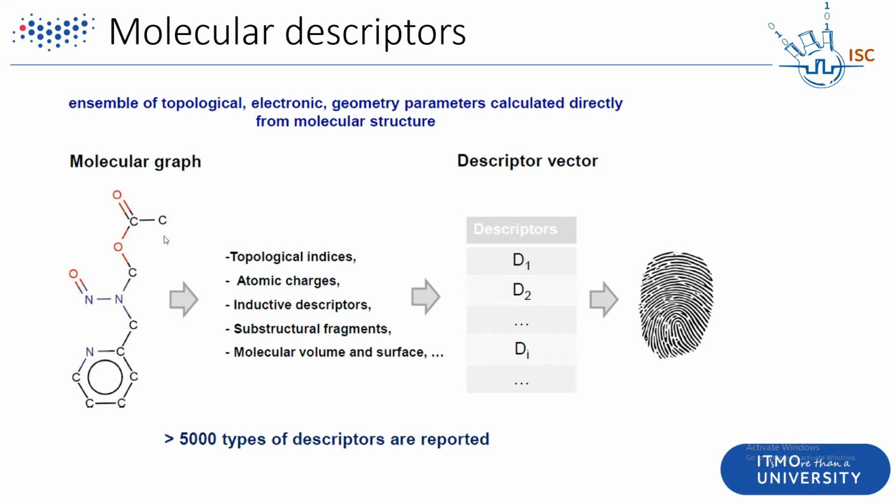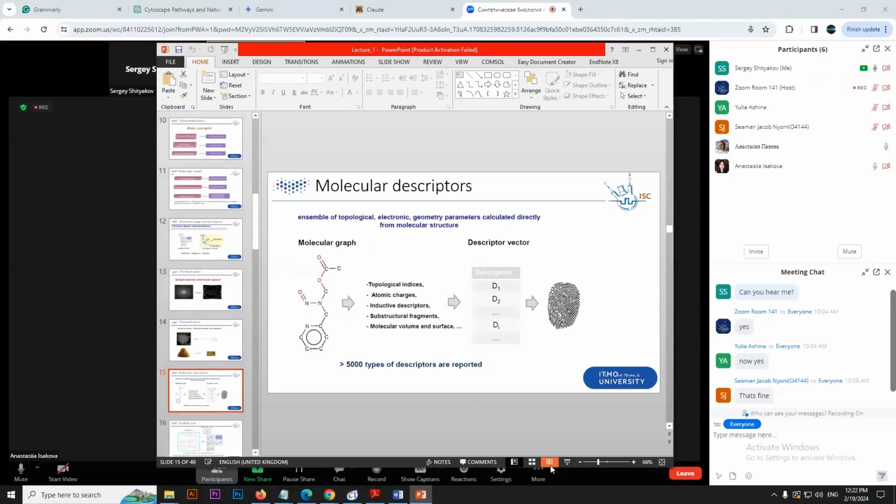So it's probably like these substructural fragments, how many substructural fragments you have to have some information on the pharmacophore-like properties of the descriptor of the molecule.